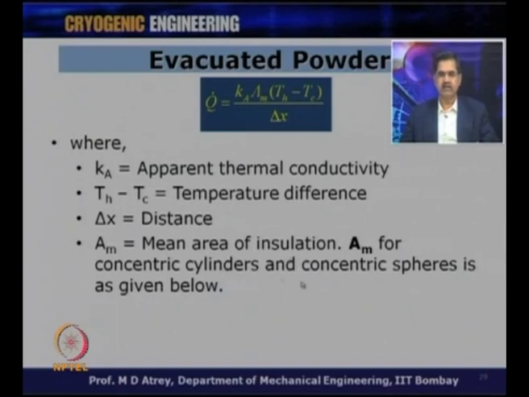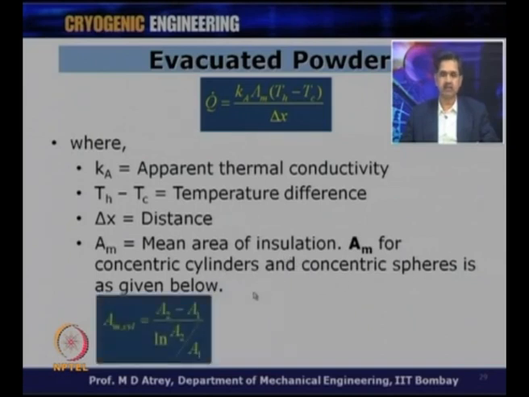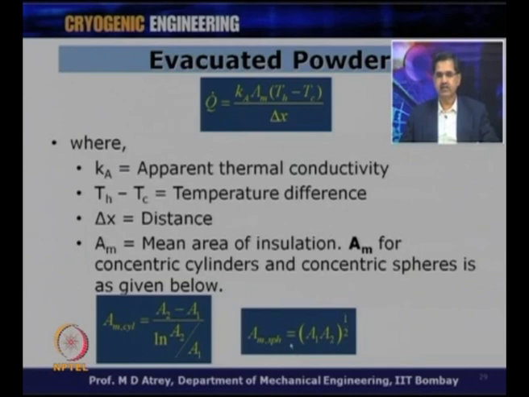A_M for concentric cylinders and concentric spheres is given below. For cylinders it is (A2 minus A1) divided by log of A2 by A1, and for spheres it is the square root of A1 into A2, or (A1 into A2) to the power half.